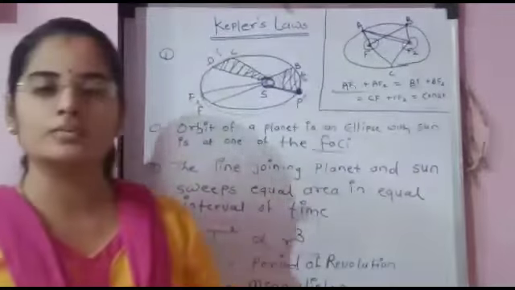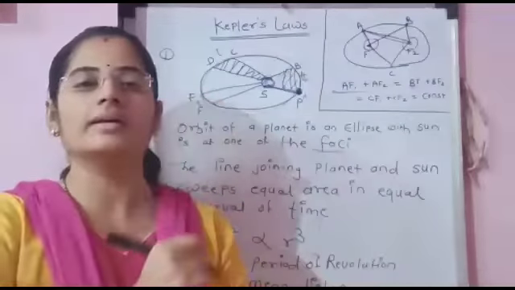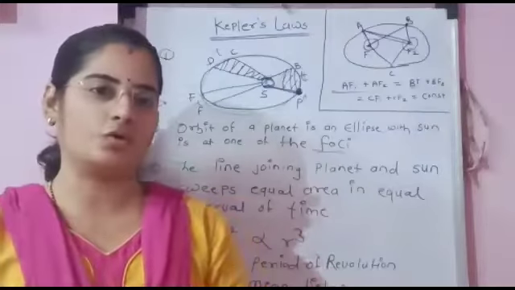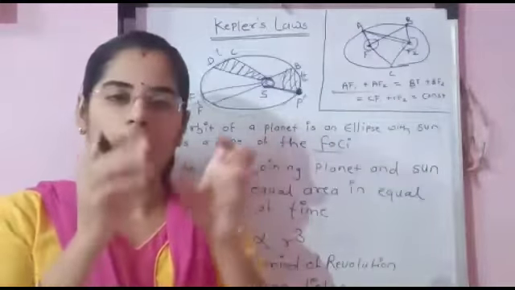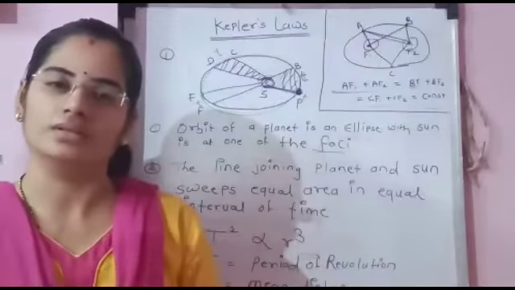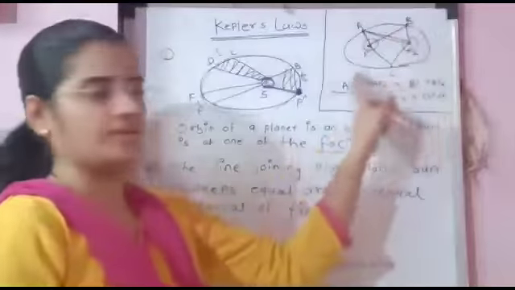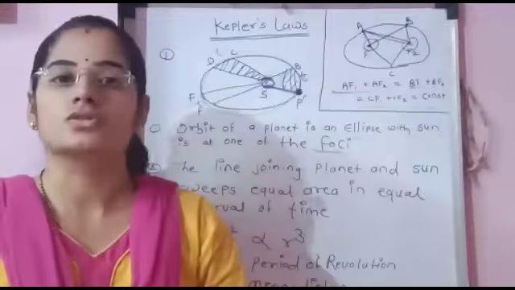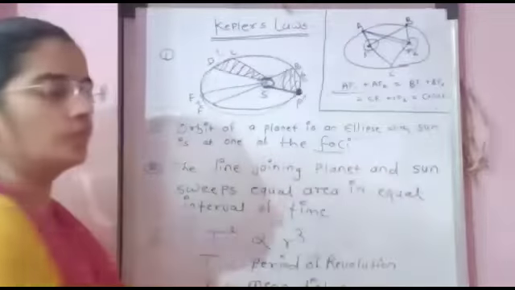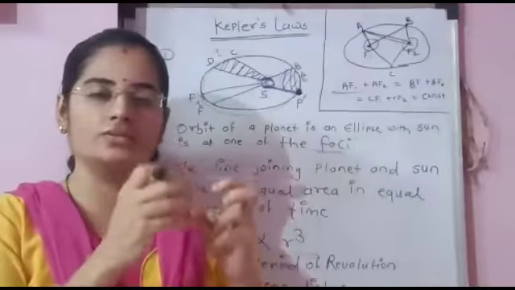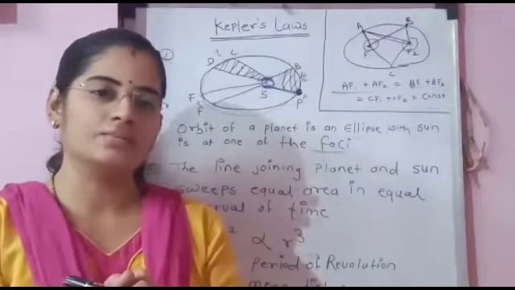What is meant by the orbit of the planet being an ellipse? It means the planets are revolving around the sun in an elliptical orbit, just like this elliptical orbit. Then what is the position of the sun? The sun is at one of the foci, which means the sun is present at one of the focus points. So what is Kepler's first law of planetary motion?